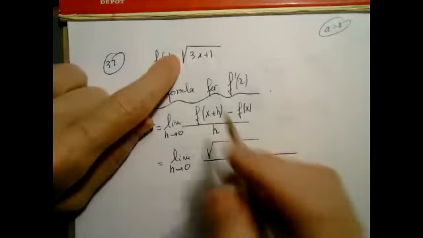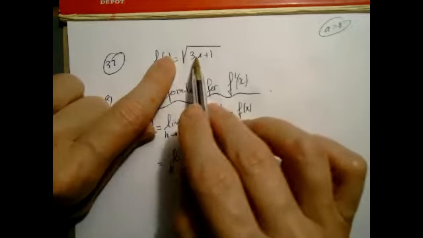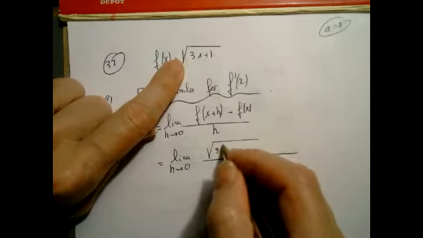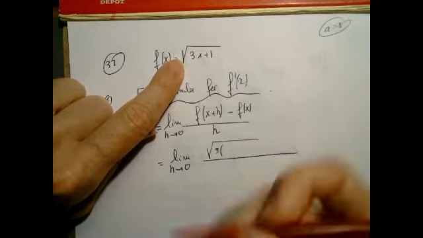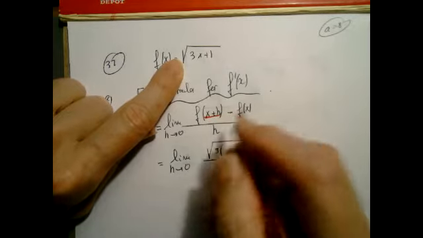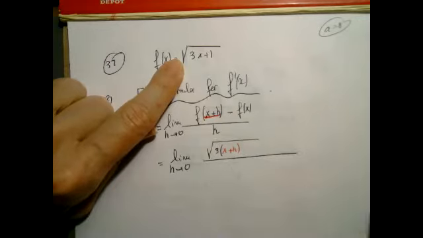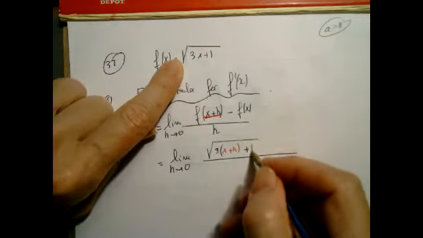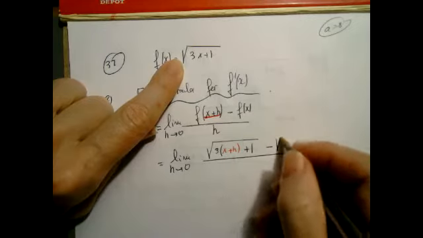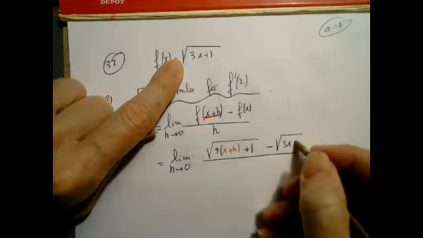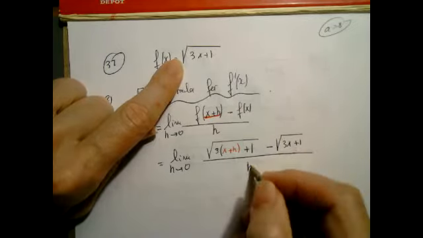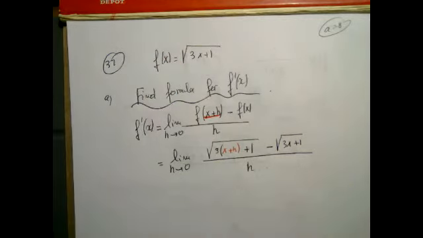The square root of 3, but instead of x, I have x plus h. So every time I have x, I put x plus h: the square root of 3 times x plus h plus 1, minus the square root of 3x plus 1, over h. The setup is crucial.